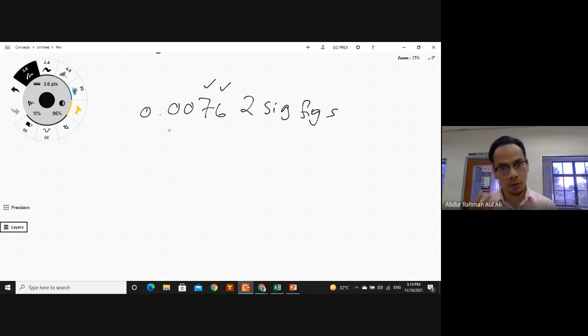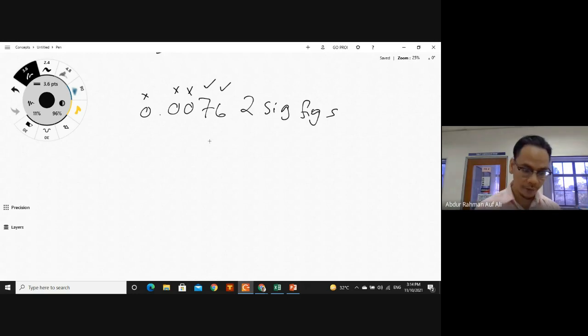Rule number 2 kata kosong yang di tengah-tengah significant figures adalah significant. Kita tak ada kat sini. We don't have it here. And rule number 3 kata zeros di belakang significant kalau ada titik perpuluhan. We don't have zeros at the back, but we have the one in front. So these 3 adalah tidak significant. Okay, so that's why kita ada 2 saja.